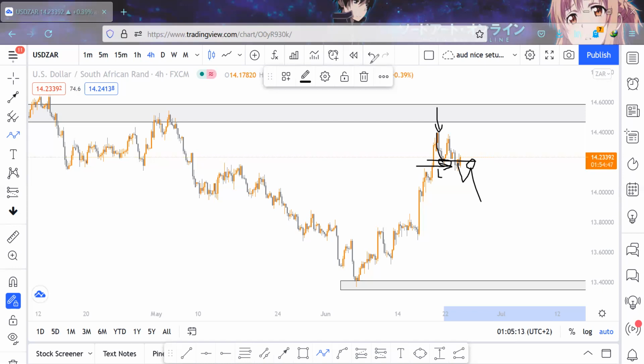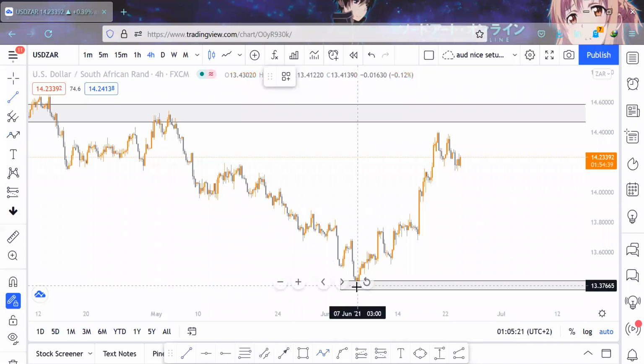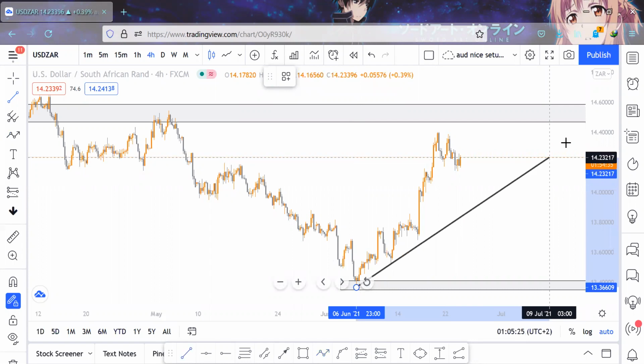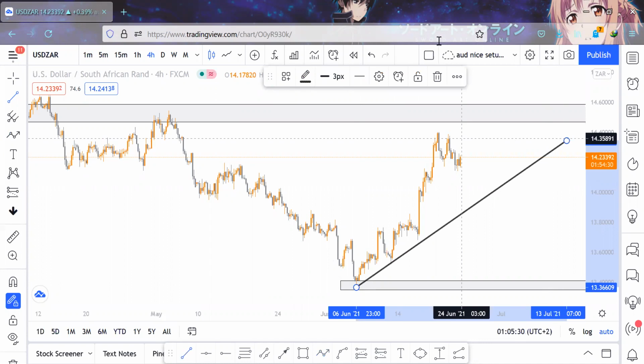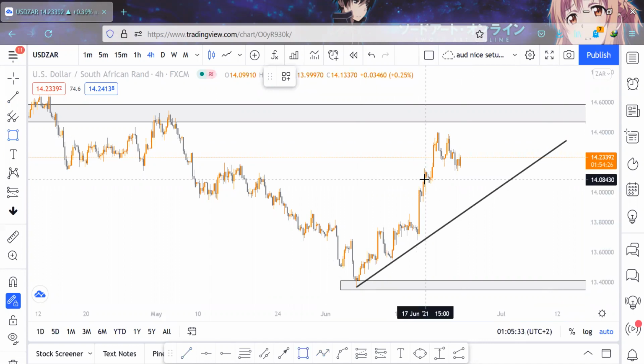Now, I'm gonna apply basic techniques here to say that we can see that the market is moving to the upside, hence the trend line, right? Now, our last level of structure, it's this one here.